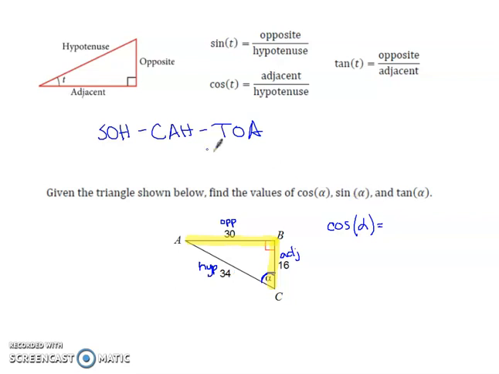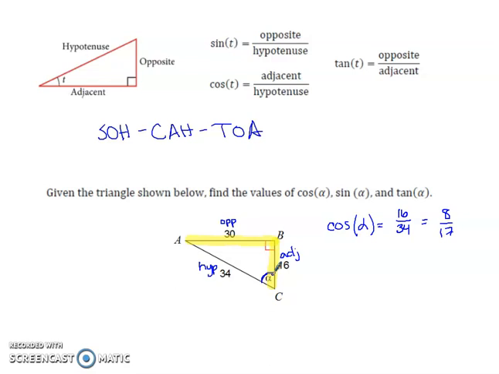So cosine is going to be the relationship between the adjacent side to the hypotenuse. Adjacent side is 16, hypotenuse is 34, and then I can reduce this down to 8/17. We don't know what the value of alpha is, but if alpha changes, then the value of our cosine will change.